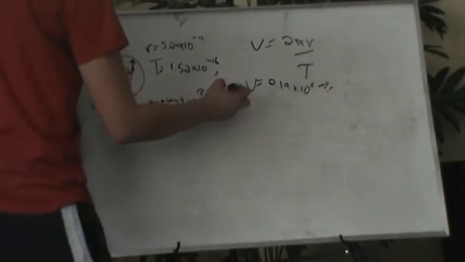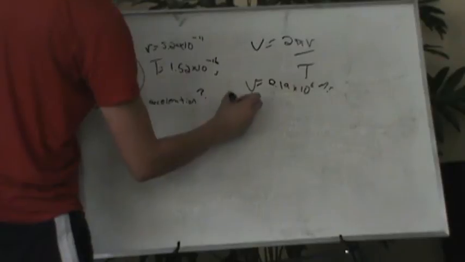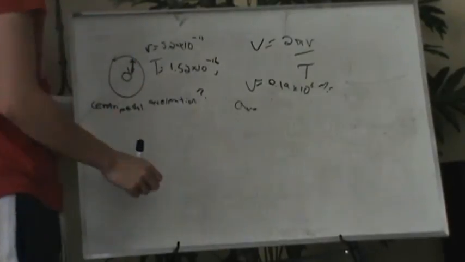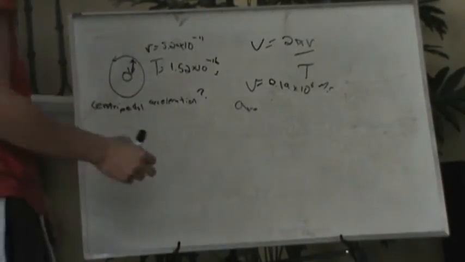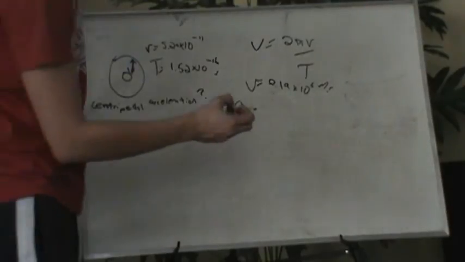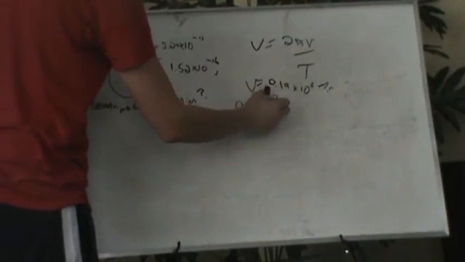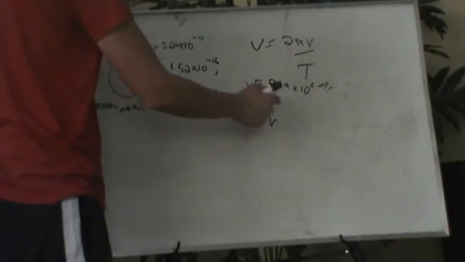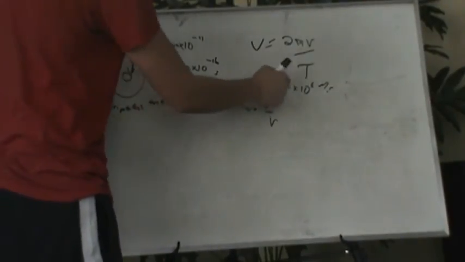Then from there, you find the acceleration using another unique formula that only applies to centripetal acceleration, which is v squared over r. And again, you know r and v squared is just this.